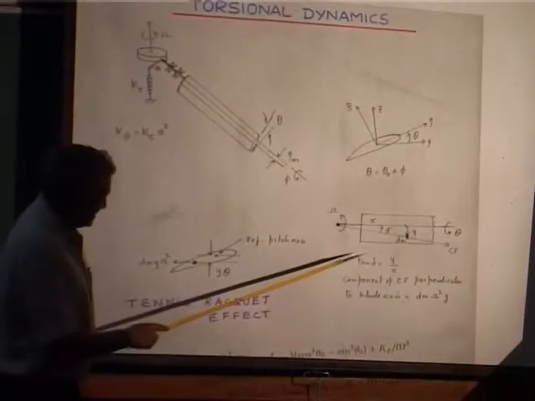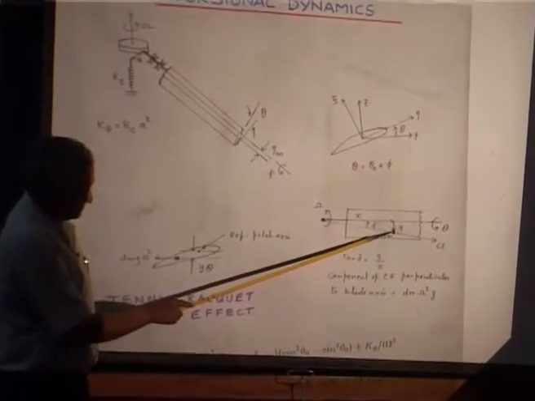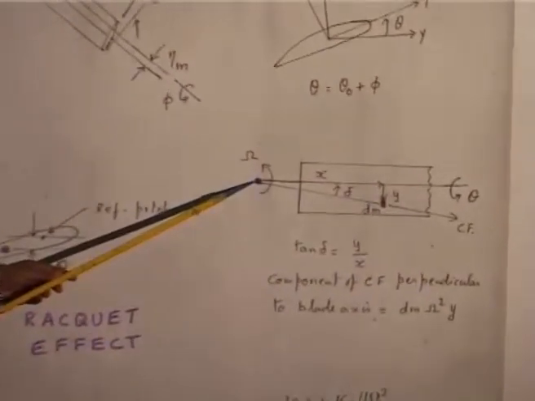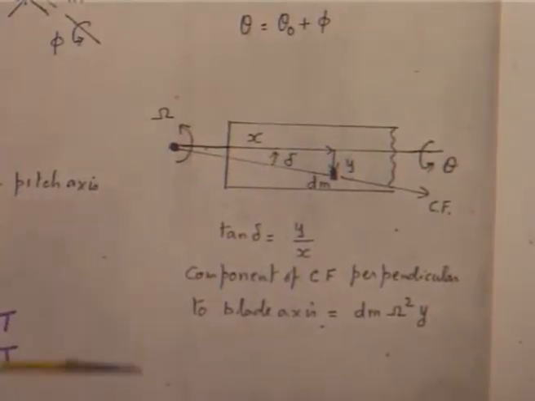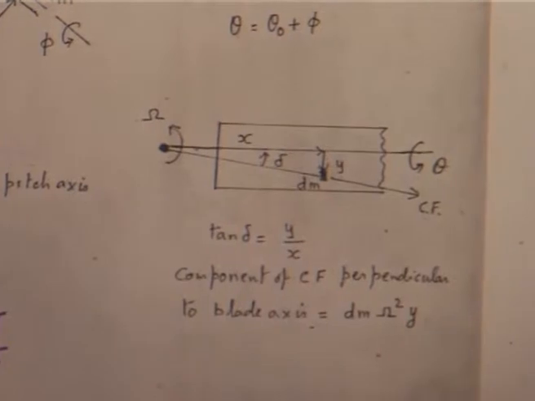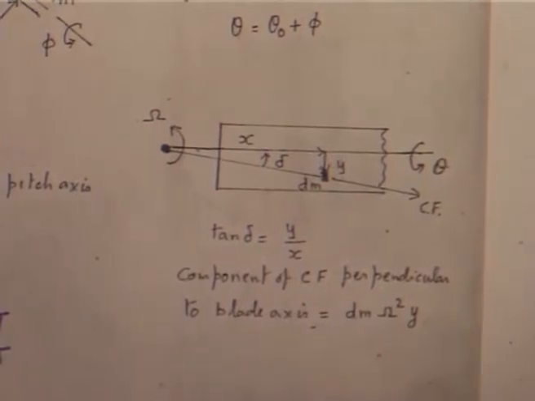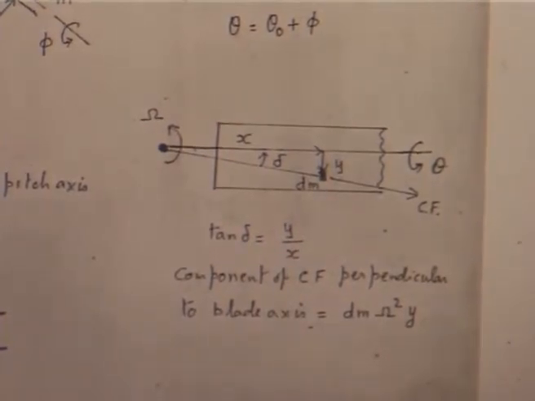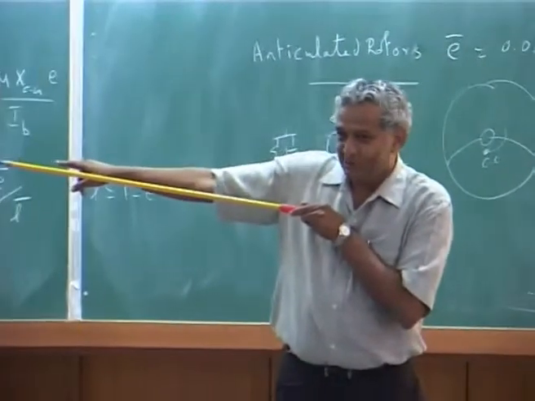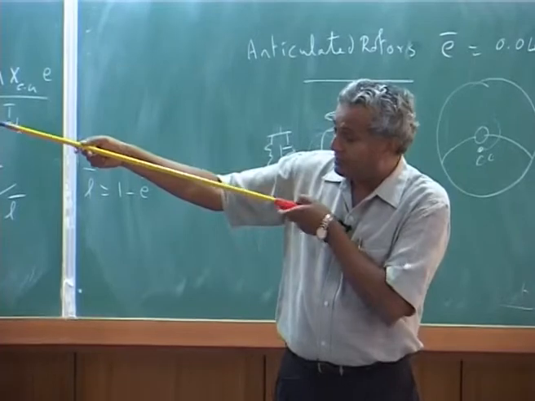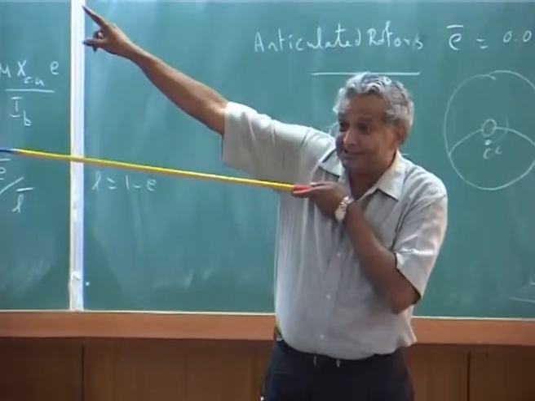See, this is the center, and this mass is offset from the axis, so it will get a force like this in the inclined direction. And if it is up also, it will get a force in some other direction.